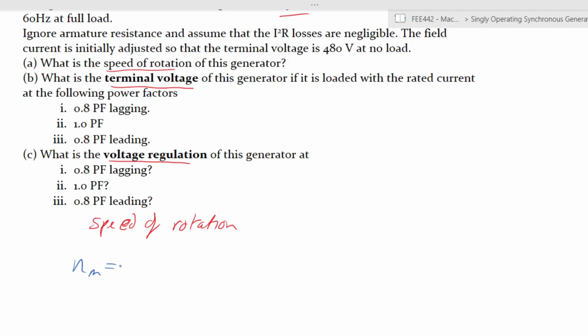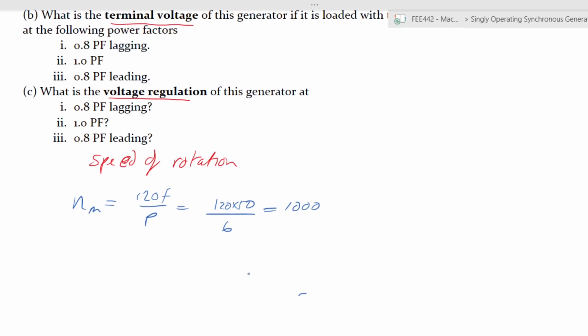It is 120 F over P, which is 120 times 50 over 6, and that gives you 1000, all right? Straight away, that's part A. Now, what is more interesting to us here now is this terminal voltage. So let's look at the case of lagging.